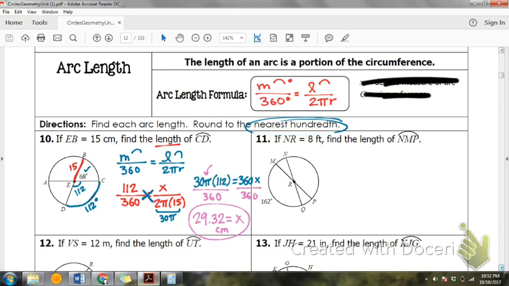Okay, so we have some setup work to do, but then it's just a matter of plugging it in and solving the algebra proportion. So let's look at number 11. It says NR is 8 feet. So N to R is 8 feet. That means all the radii are 8, right? All those 4 pieces inside that circle are also 8. It says find the length of NMP. So they only gave us 162, which is only from here to here.